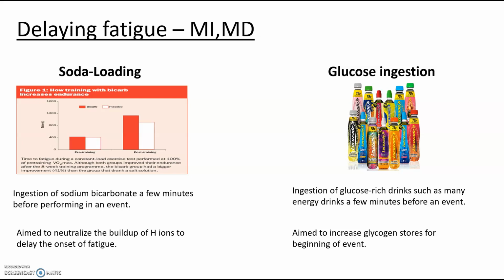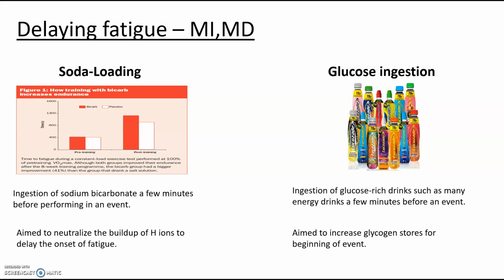To delay fatigue in moderate intensity, moderate duration, you can first use soda loading, and this is ingesting sodium bicarbonate a few minutes before an event to cause the body to be slightly alkaline.